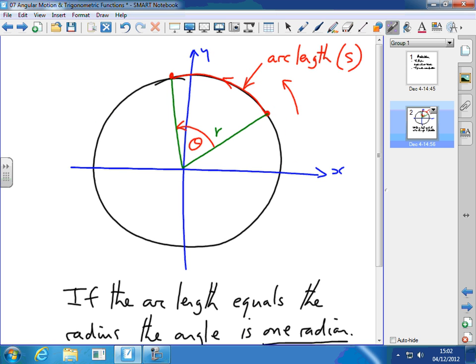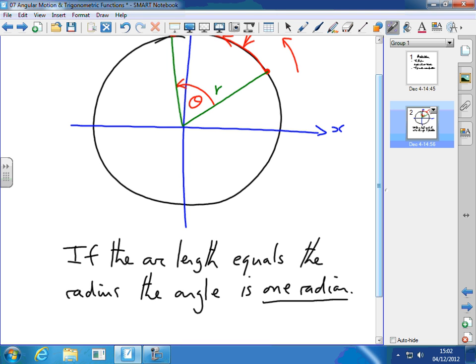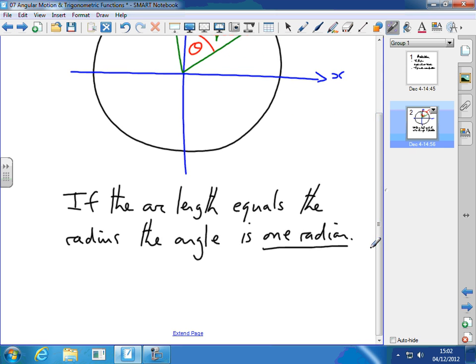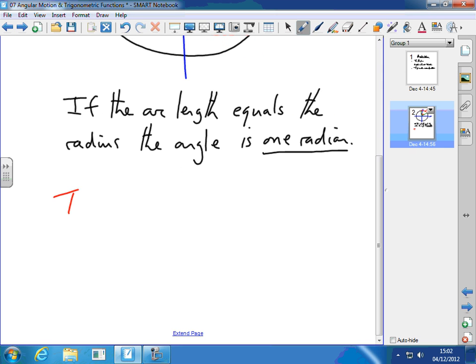So if we've defined the radian as the distance travelled if we're going through 1 radius, if you like, arc length, then all I've got to do is times that by 2 pi, and I've got the circumference. So in other words, there are 2 pi radians in one turn.